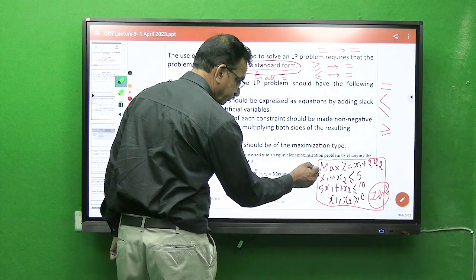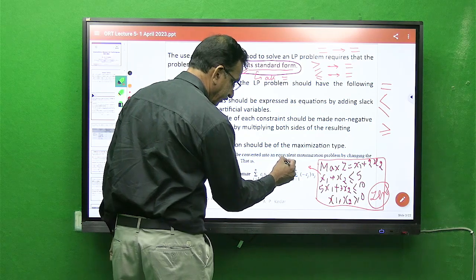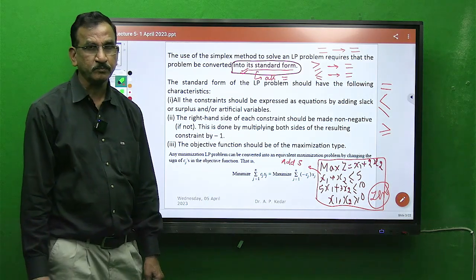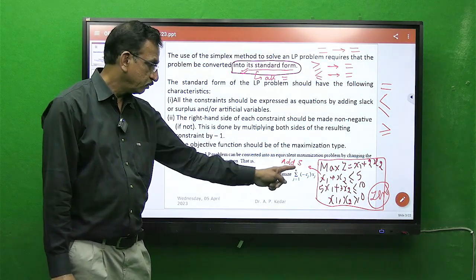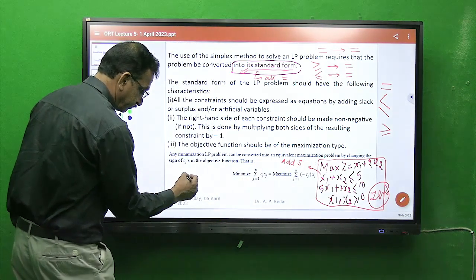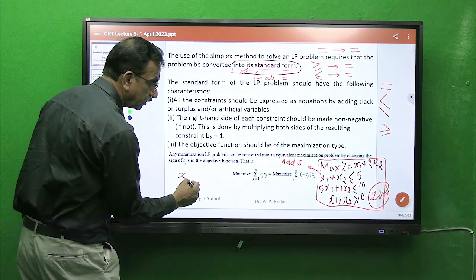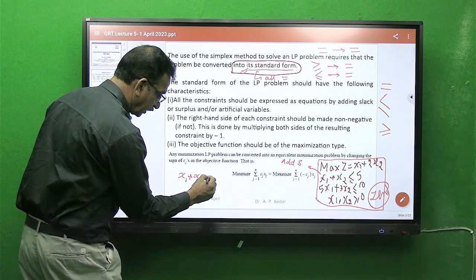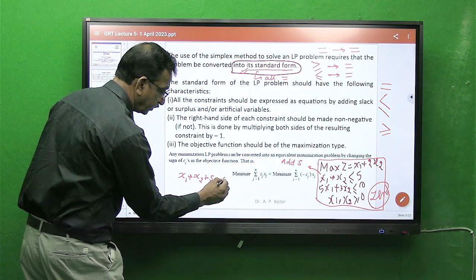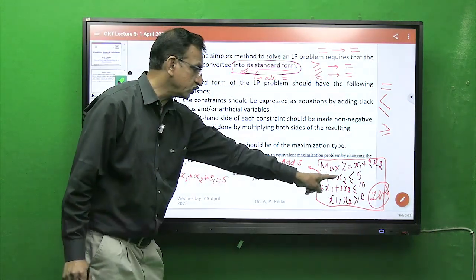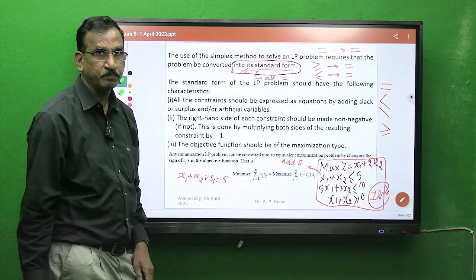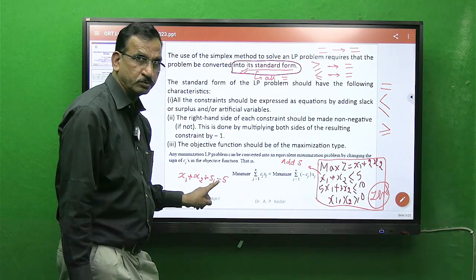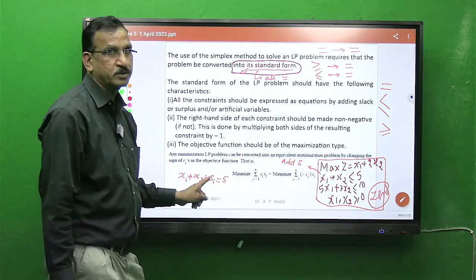For this equation we have to add slack, which means this equation will become x1 plus x2 plus s1 is equal to 5. This is what converting this equation into standard form is. I have converted this less than equal to sign into equal to sign, and I have introduced slack variable.